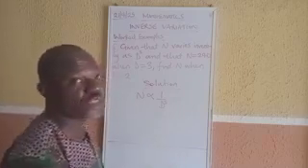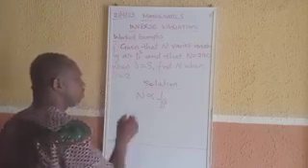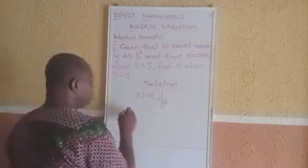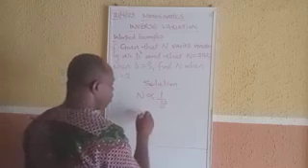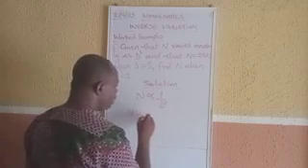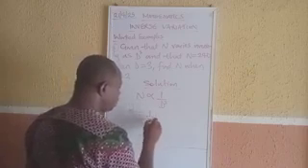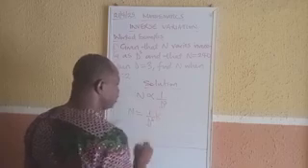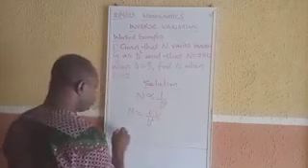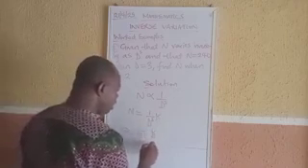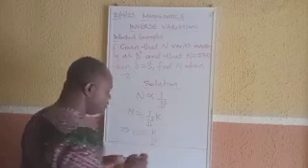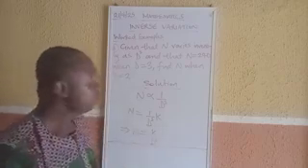The next step is to introduce k, our constant. This will now be n equals 1 over d raised to the power 3 times k, which is also the same as saying k equals n times d raised to the power 3.